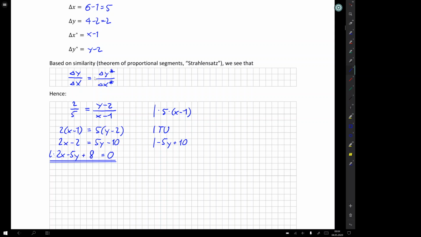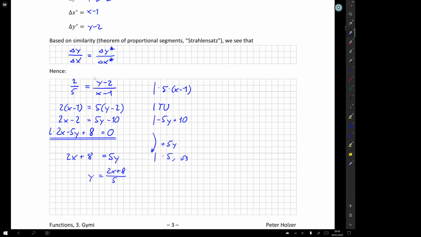So the first step that we're going to do is we'll add plus 5y and we get 2x plus 8 equals 5y, and in the next step we just divide by 5 and we switch sides, so we get y equals 2x plus 8 divided by 5, and in the last step let's separate that, so write it as y equals 2/5 x plus 8/5. So that's our line L.